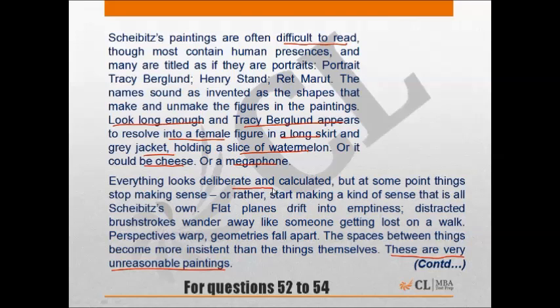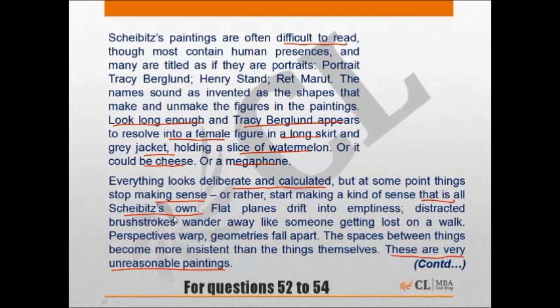Everything looks deliberate and calculated. Deliberate and calculated, that means the person who created it has put some thought behind it. But at some point it stops making sense. So not making sense to me as a viewer, but deliberate and calculated, maybe the painter understands, maybe I do not understand. Or others start making kind of sense that is all its own.